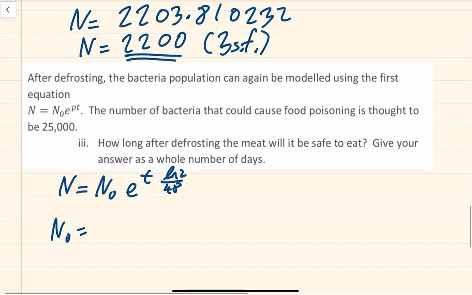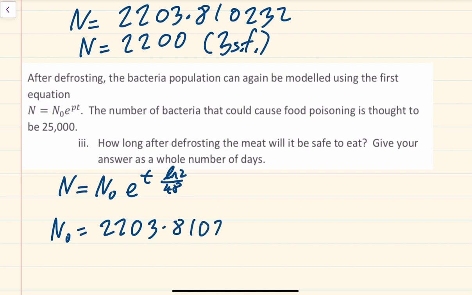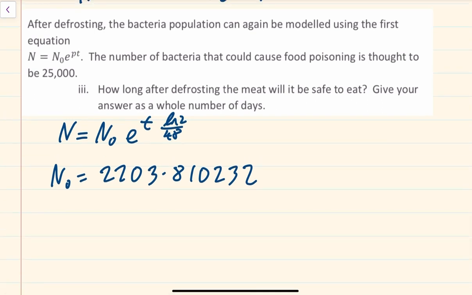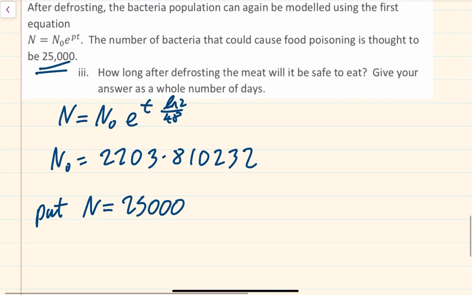We'll use the exact one, just to be a bit more precise, the one that's just above: 2203.810232, and we're going to put it into this equation. We want to put N equal to 25,000 to see for how long it is safe to eat, because you take it out of the freezer, it's safe to eat for a while, but eventually the number of bacteria is going to get up to this point, and then it's not going to be safe to eat.